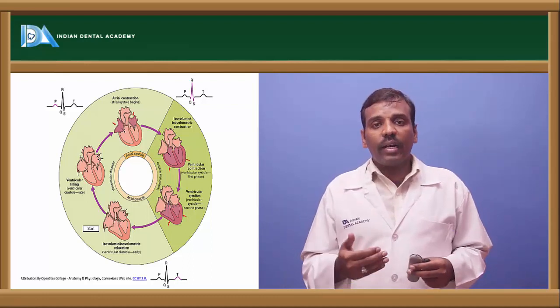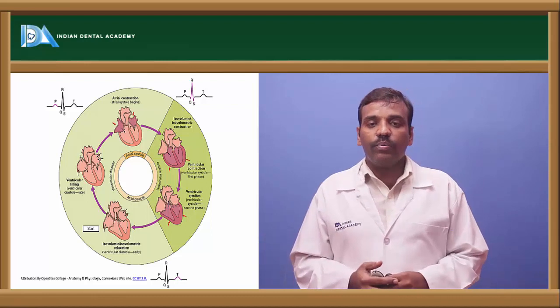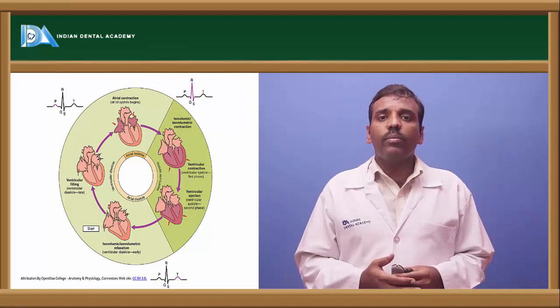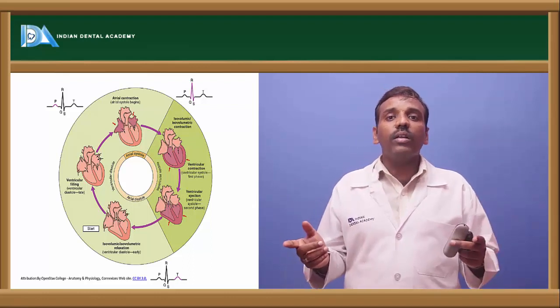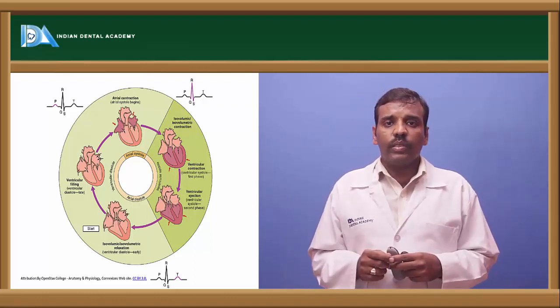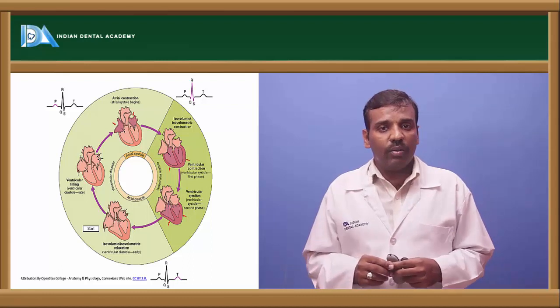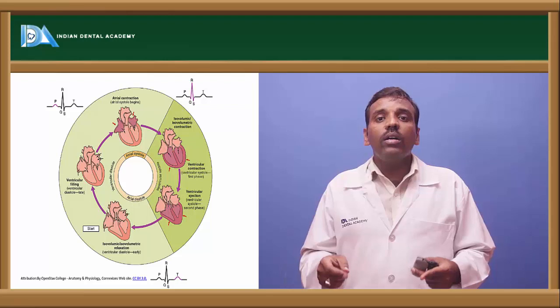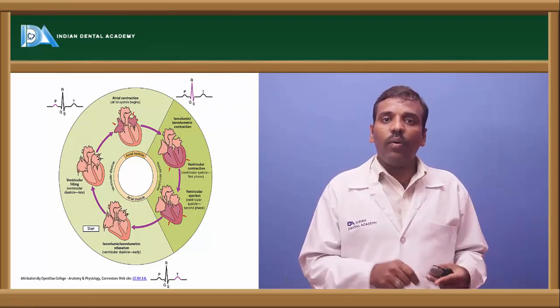By the isometric contraction, the ejection period is possible. Complete blood is going outside by the closing of the two valves, the bicuspid valve and the tricuspid valve, and after that the opening of these two valves, the pulmonary valve and the aortic valve.